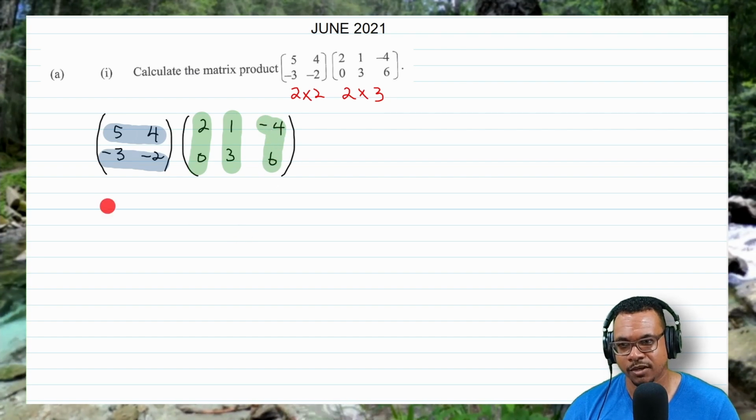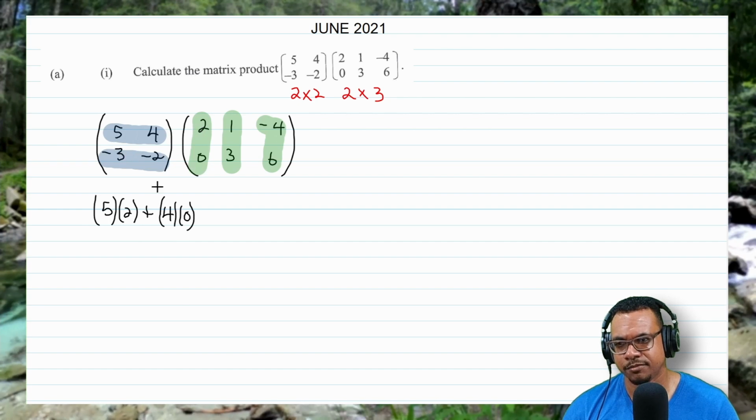So if we go into the top left, that'll be 5 by 2 plus 4 by 0. If we choose to go down to the bottom left, which is the negative 3 and negative 2 by the 2 and 0, negative 3 by 2 plus negative 2 by 0.